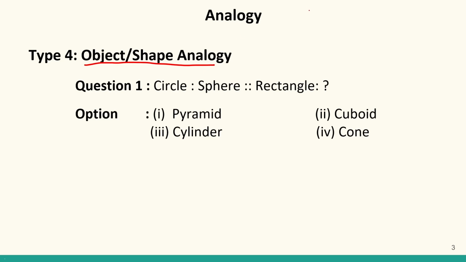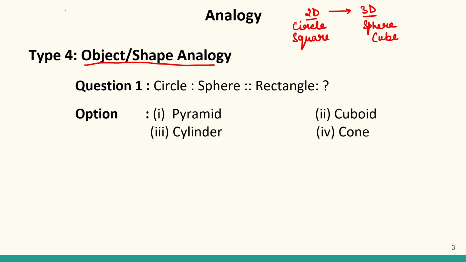The first thing that we discussed was what 2D figures are called and what their corresponding 3D figures are. For example, the first is circle. The 3D figure for circle is called sphere. Similarly, for square, which is a 2D figure, its corresponding 3D figure is called a cube.